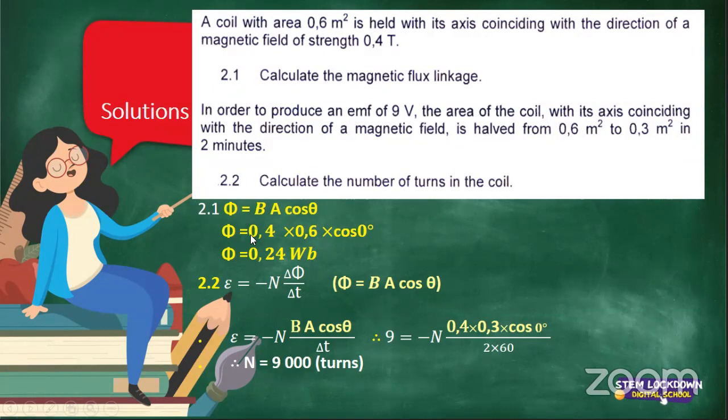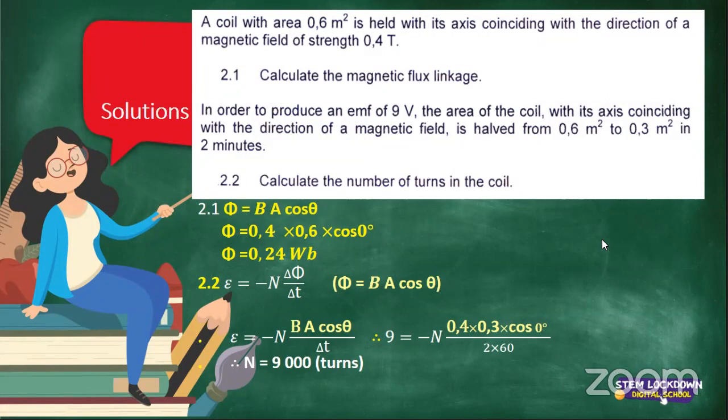B is the magnetic field strength, which is 0.4 Tesla, and the area is 0.6, multiplied by cos theta. Cos theta will be 1 because it is coinciding with the direction of the magnetic field. So that will give you 0.24 Weber.